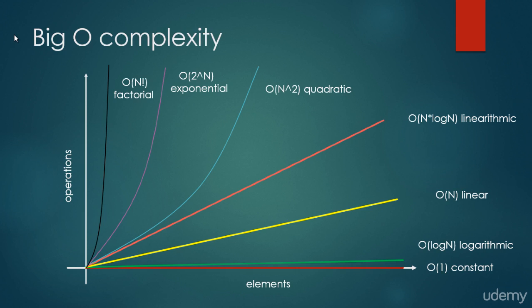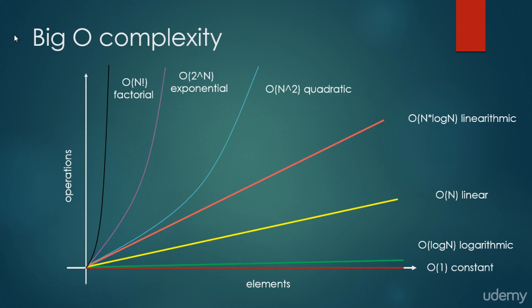Now let me say a few words about the main big O complexities. If we plot the number of operations as a function of the number of elements, there are approximately 6 or 7 very important complexities. The constant time complexity is the fastest complexity we know. For example, swapping two numbers in a sorting algorithm can be done in constant time.